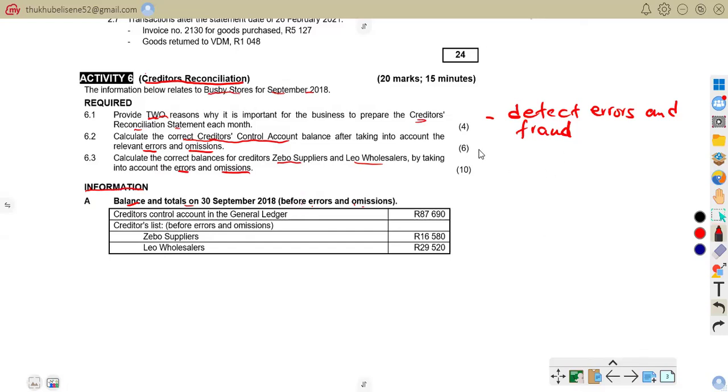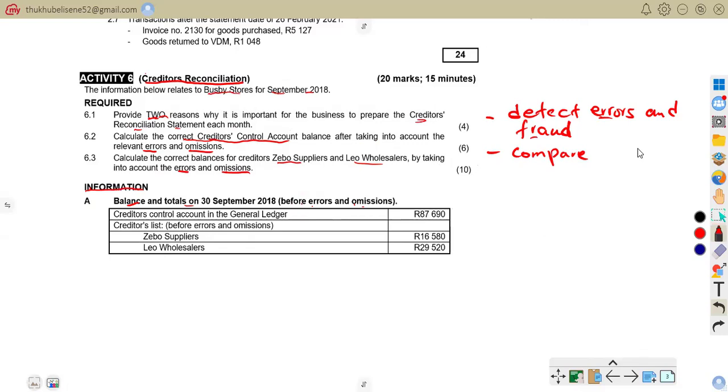Like if numbers don't match, something is wrong. For example, we can talk of the missing invoice. That is the reason why we prepare a creditors reconciliation statement: we want to detect the errors and the fraud.